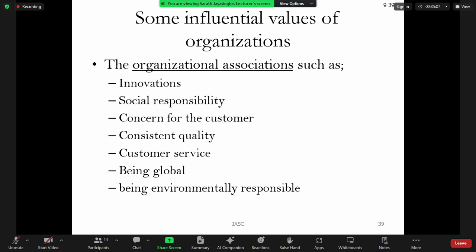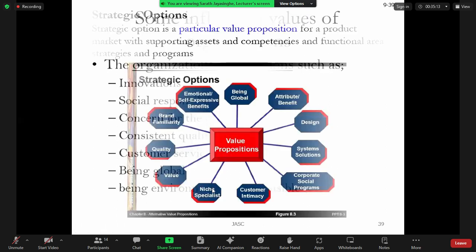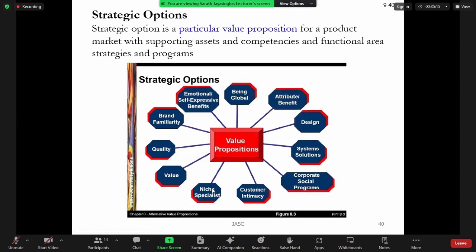And then we have to move on to another subtopic, strategic options. What do you mean by this strategic option? Option in the sense that there are different alternatives, right? When you are doing strategic marketing, we have to think about different options or alternatives. Strategic option is a particular value proposition.